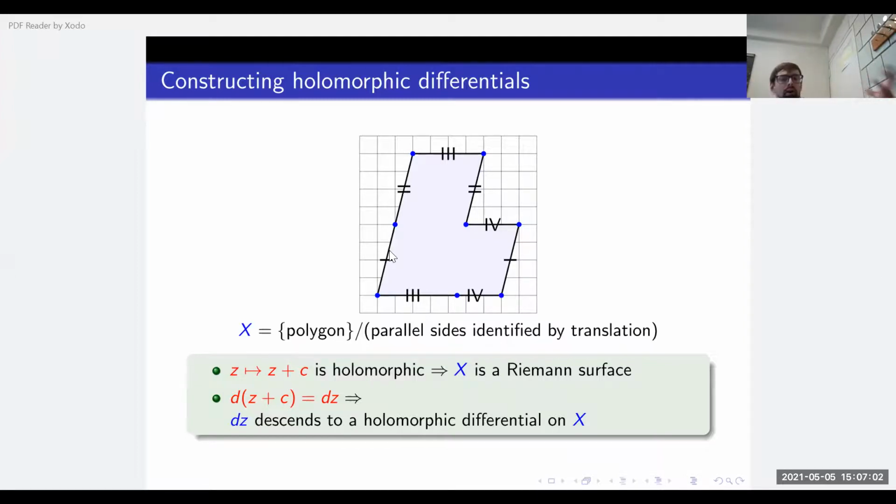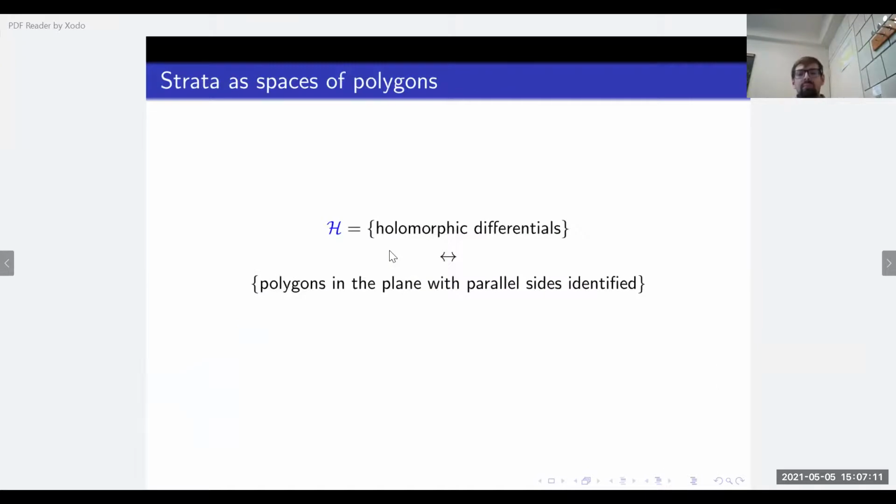So starting from a polygon in the plane where you have parallel sides, you can always construct a holomorphic one form together with a differential. And now I guess what you have to believe here is that this really gives you a one-to-one correspondence of objects, if you do it right, and there's a certain equivalence relation that you have to take on both sides to make this actually a bijection.